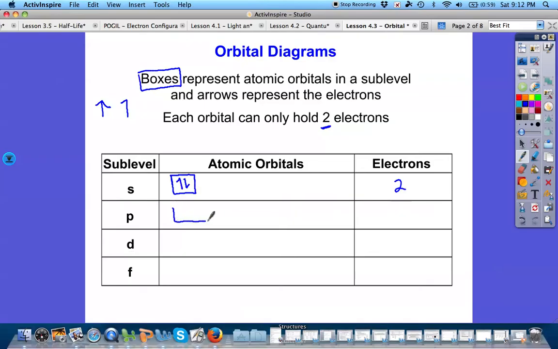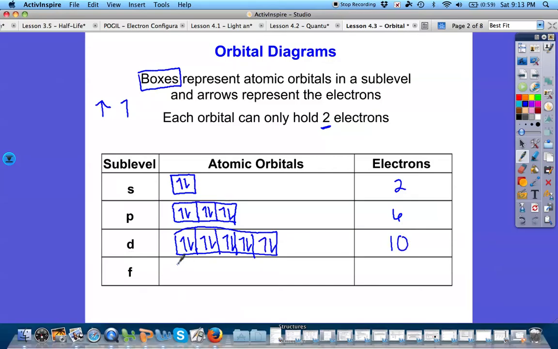For the P sublevel, we said that there is 3 orbitals, so we're going to draw 3 boxes that are connected. And then each orbital can have 2 electrons for a total of 6. The D sublevel has 5 orbitals, so we're drawing 5 boxes that are connected. And then each can hold 2 electrons for a total of 10.